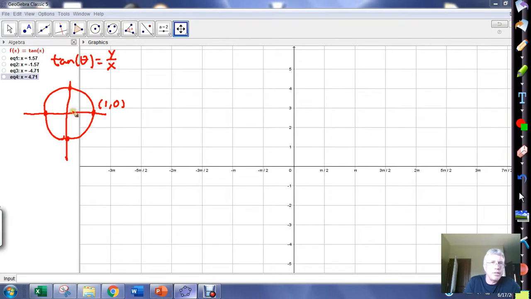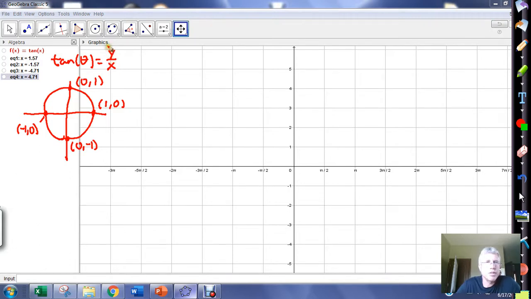Up here at the 90 degree mark, as we rotate through 90 degrees, we know x is 0, y is 1. At 180 degrees, we know that x is negative 1 and y is 0. And at the 270 degree mark, or 3 pi over 2 radians, we know that x is 0 and y is negative 1.